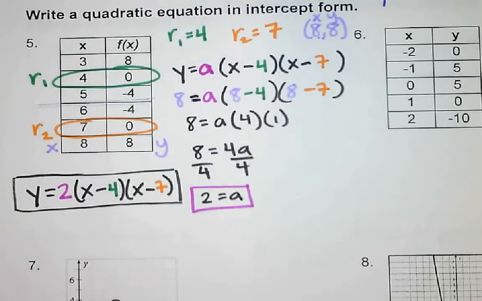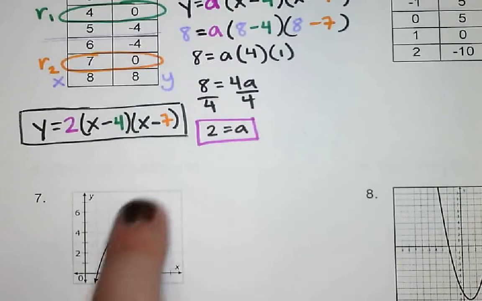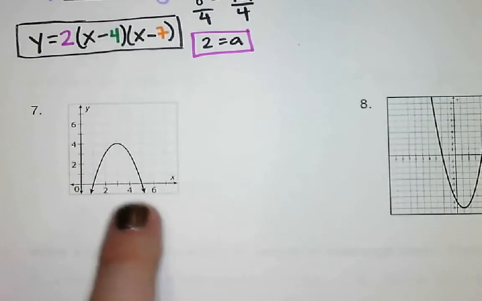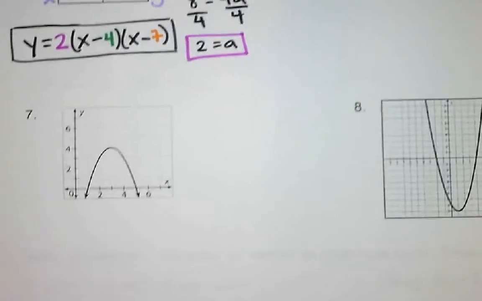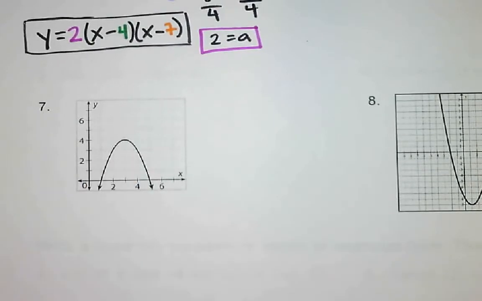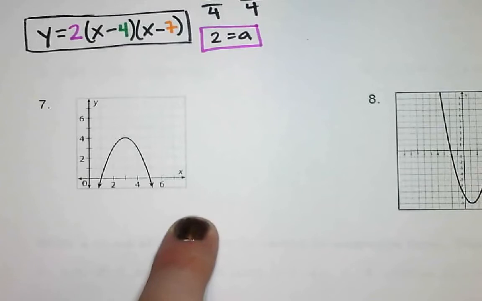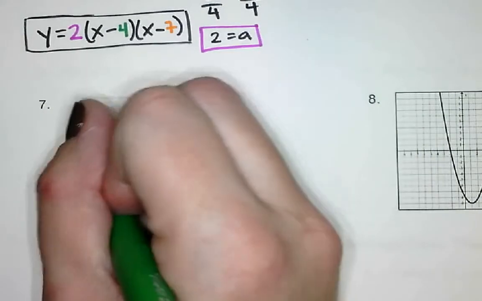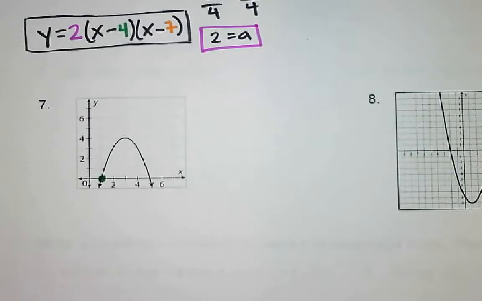All right. So now, guys, we're going to do the same thing with number 7 here. Now, guys, technically, you could do intercept form or vertex form on number 7. You could write it in either way, because we can identify our intercepts pretty easily, and we could identify our vertex.